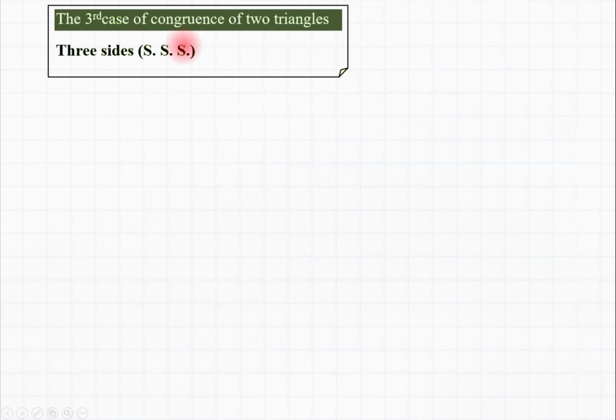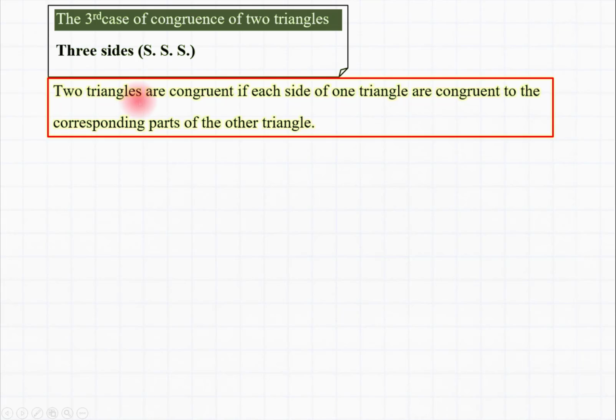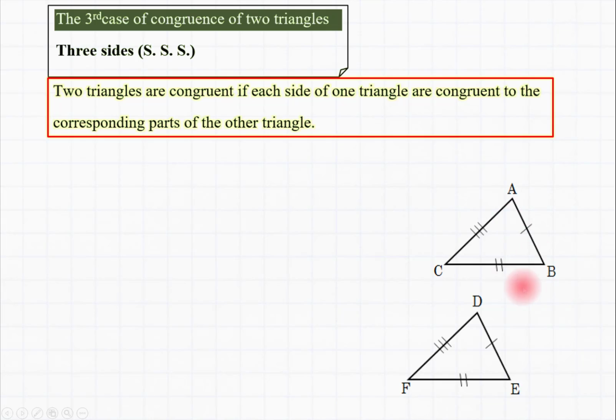The third case of congruence of two triangles is three sides. Two triangles are congruent if each side of one triangle is congruent to the corresponding side of the other triangle. In triangle ABC and triangle DEF, AB is congruent to DE, BC is congruent to EF, and AC is congruent to DF.